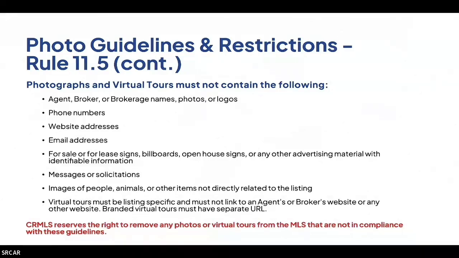When it comes to images of people or animals on the MLS, if you just avoid it, then you'll always be in compliance. If you find that you must have people or animals, talking about people, number one, any images of children will be immediately removed from the MLS for security purposes, obvious purposes. But if you have to have people in your images, as long as they're not identifiable, so maybe they're far enough away from the camera, no one would be able to recognize who they are, their back is turned, those would probably be okay.